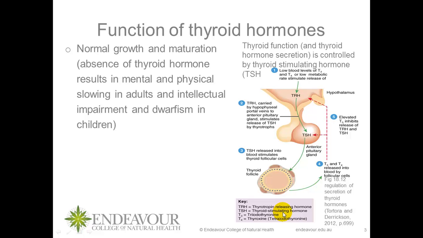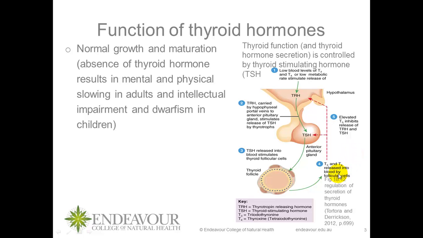The thyroid stimulating hormone travels to the thyroid. It stimulates the follicular cells. These follicular cells line the colloid at the center, where T3 and T4 are stored. Eventually, they will be released into the body.